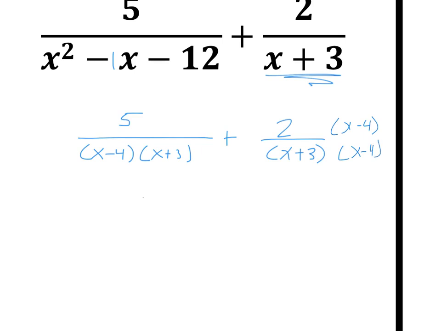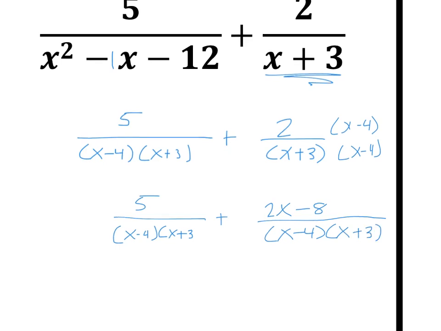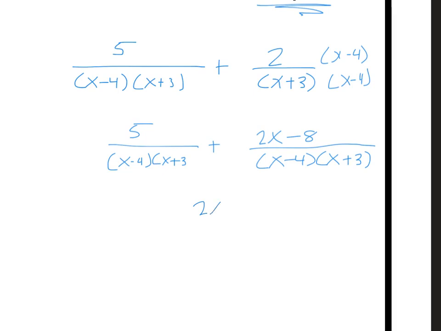So I'll distribute that one on the right, 5 over x minus 4, x plus 3, plus 2 times x is 2x, 2 times negative 4 is negative 8, x minus 4, x plus 3. Remember, order doesn't matter when we multiply, so I can write those factors in any order. Okay, now I combine like terms. 2x minus 3 over x minus 4, x plus 3. And I'm done.